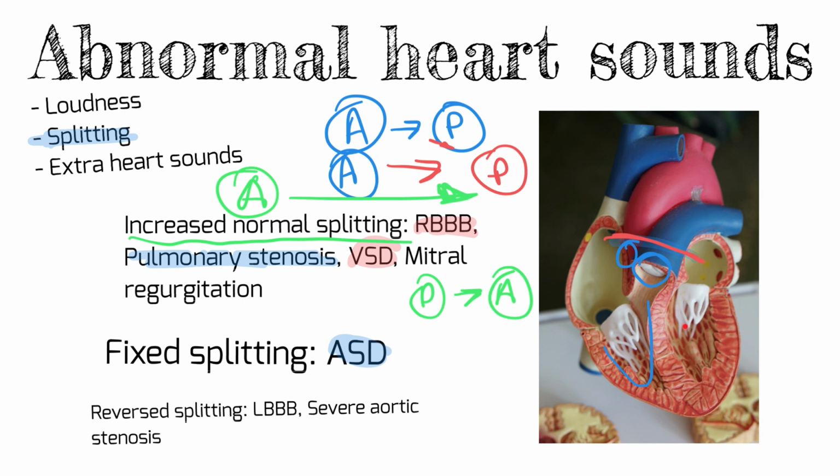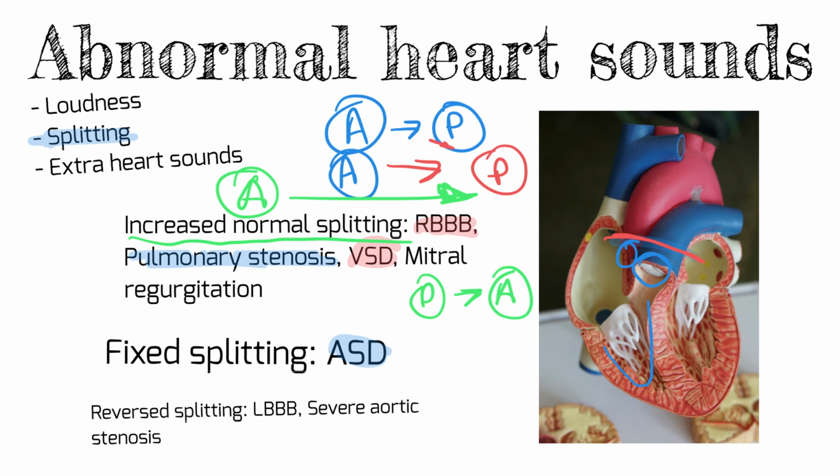If you have a left bundle branch block, that means that the conduction to the left ventricle is impaired, which means that the aortic valve is going to close much later now. So usually it's just before the pulmonary, but if you've got a left bundle branch block, the aortic valve is now going to close after the pulmonary, so you have a reverse split.